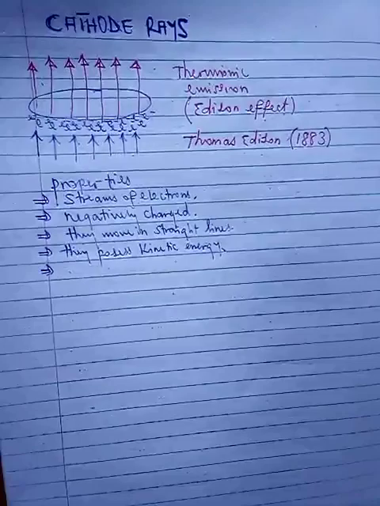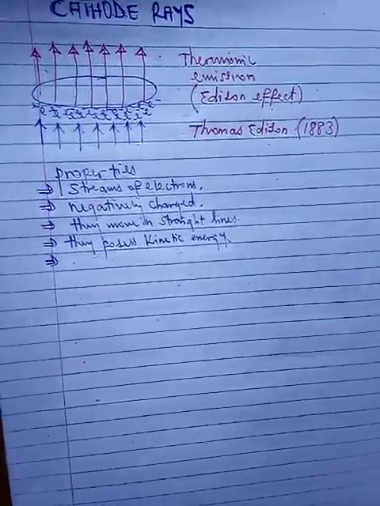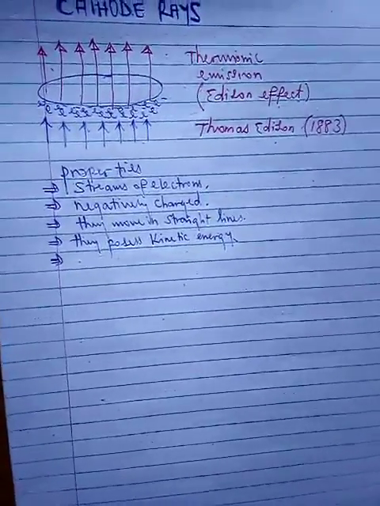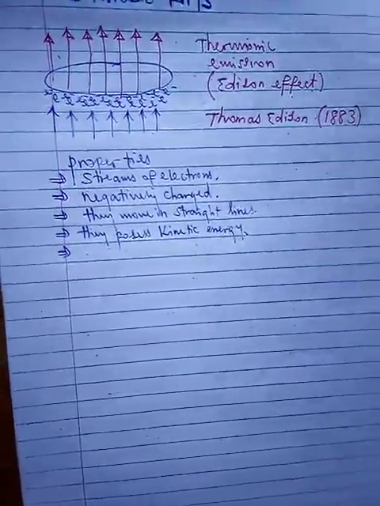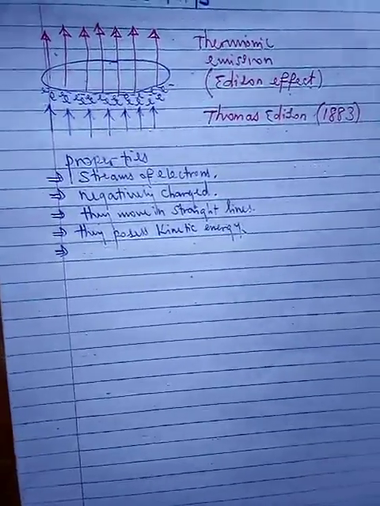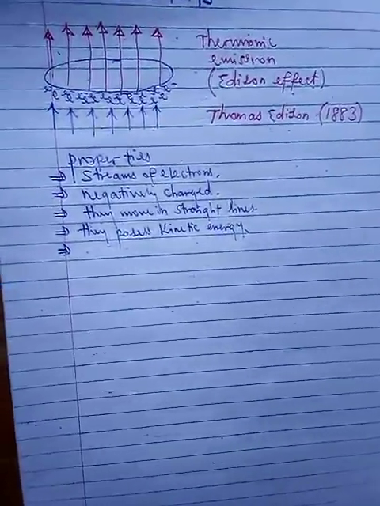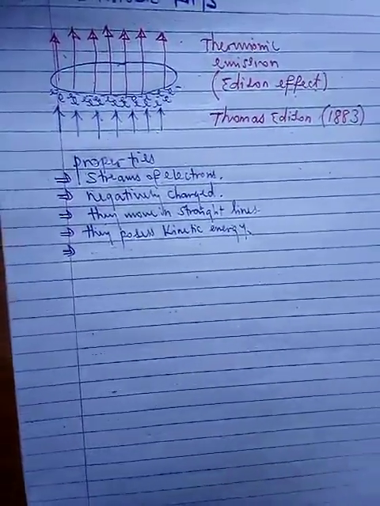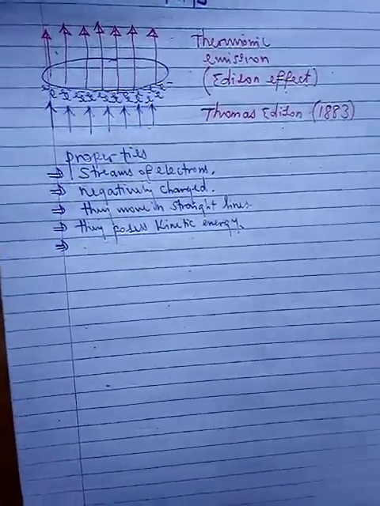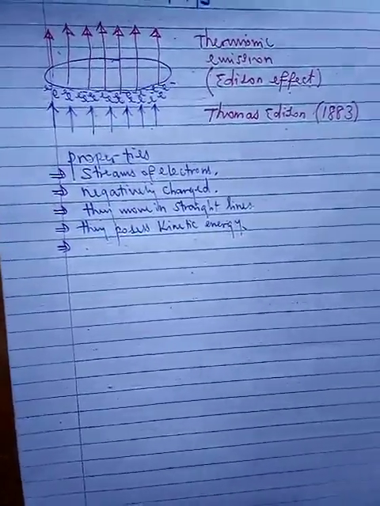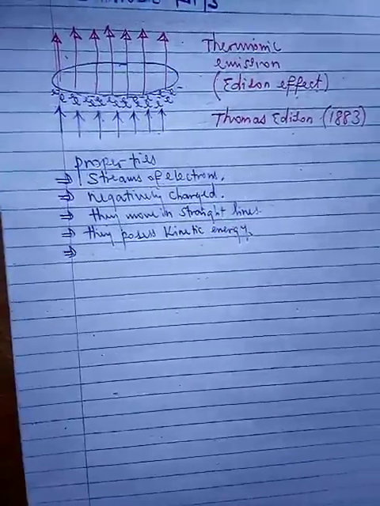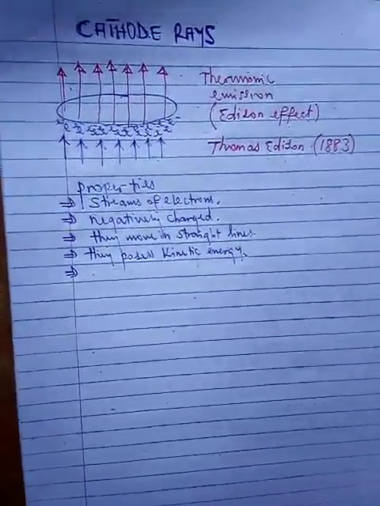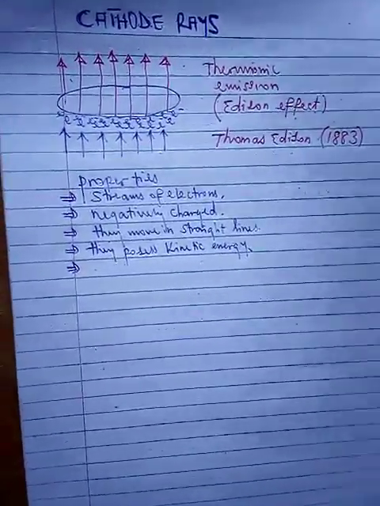These Y plates and X plates introduce a certain alternating electrostatic field, and this is what causes these electrons to move vertically and also horizontally when they pass through firstly the Y plates and then secondly the X plates. There is an alternating electric field that they generate.